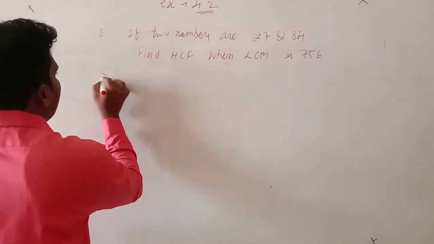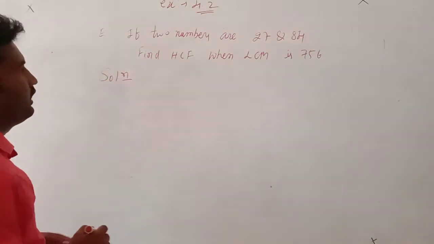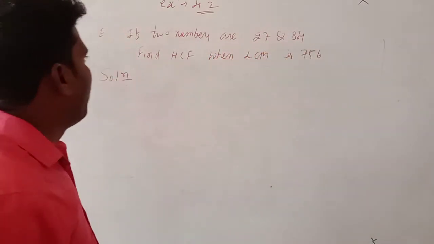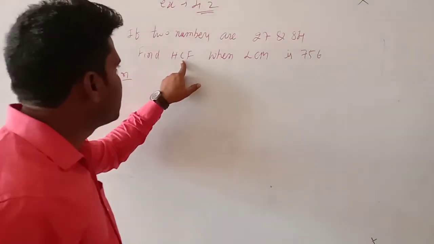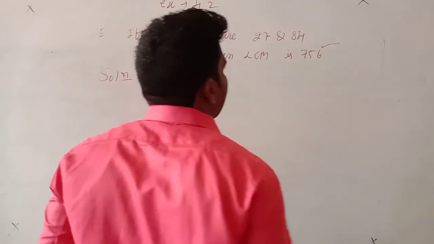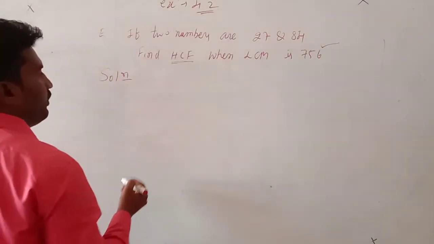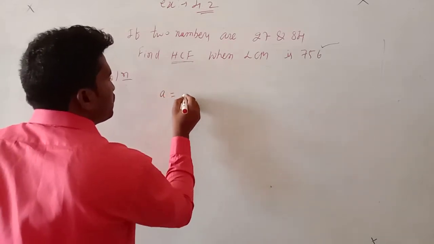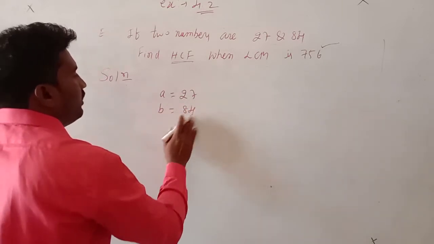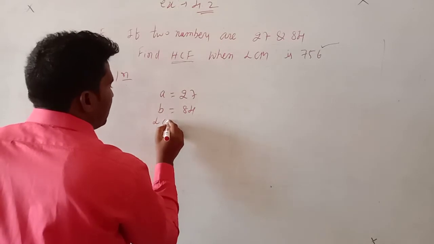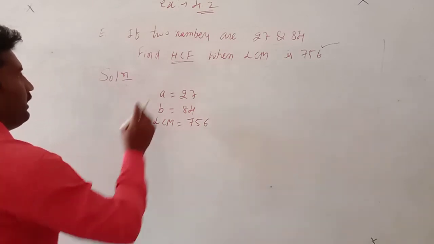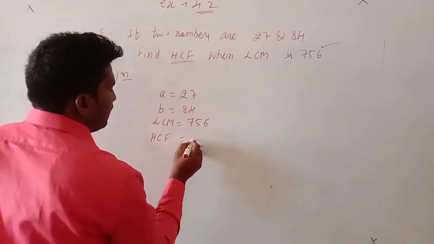In this question, what is given here? We are given two numbers: one number is 27 and another number is 84. What do we have to find out? We have to find the HCF. The LCM is also given here. How much is it? 756. The value of A is 27 and the value of B equals 84. The LCM is given, that is 756, and we have to find the HCF.